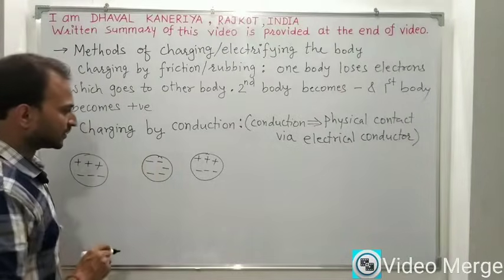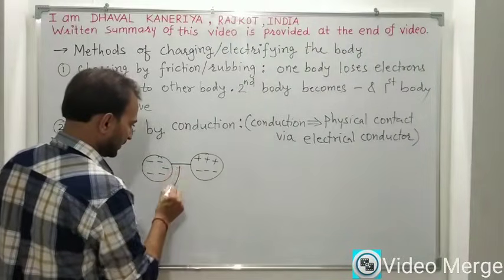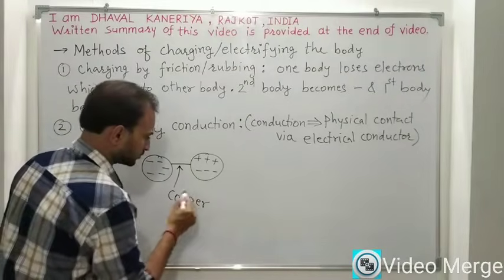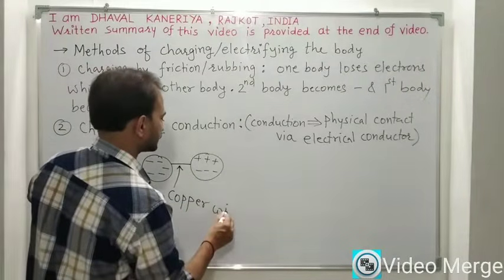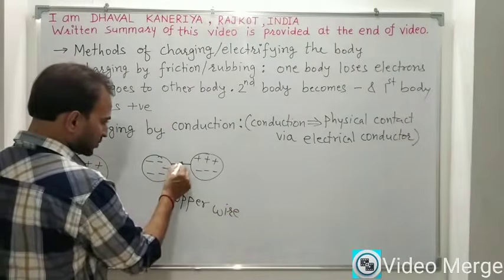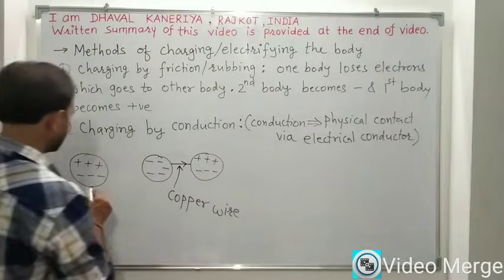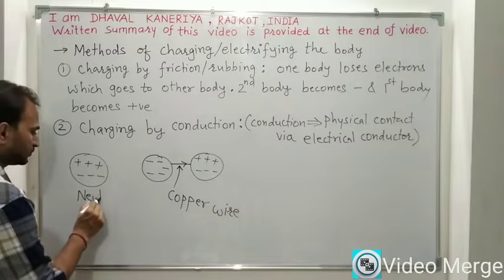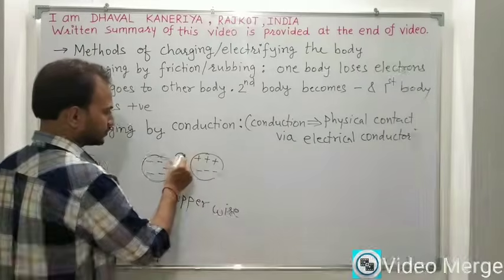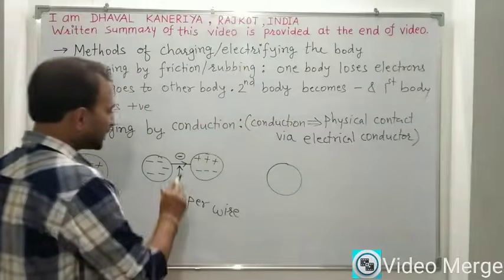This is charged body. When some electrical connection is made, this may be a copper wire, then the electrons will flow from charged body to neutral body. Few electrons will flow. Suppose two electrons go.